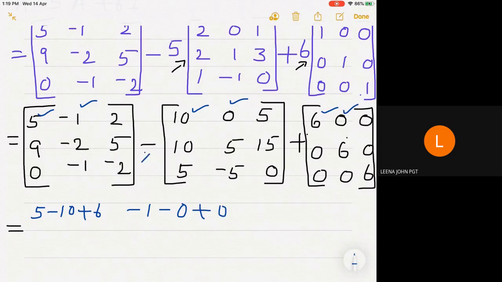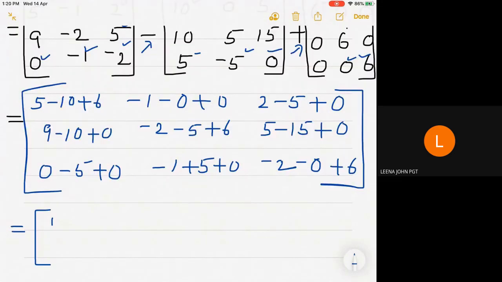Because I am performing these two operations to the corresponding elements. Next is 2 minus 5 plus 0. Similarly, the other elements also, 9 minus 10 plus 0. Here you are getting minus 1, then minus 3, then minus 1.